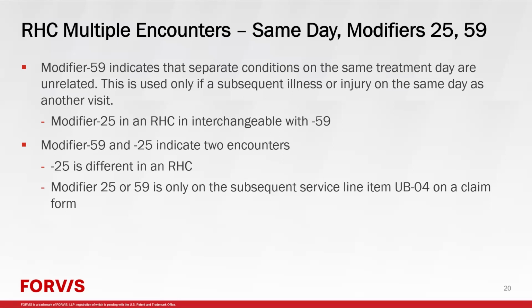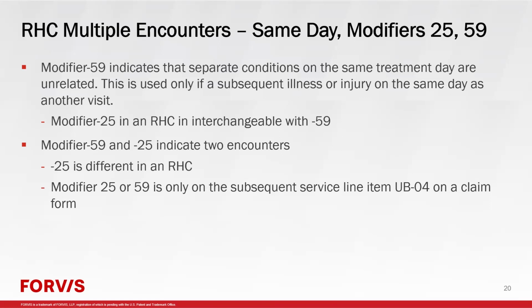On the flip side of it, modifier 59 I see more often if that patient had their traditional medical visit in the morning, and then maybe they had some type of behavioral health issue come up, and they feel like they need to go back to that RHC facility and seek treatment from their LCSW.